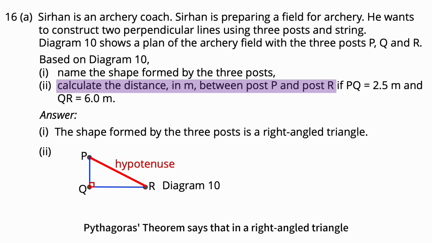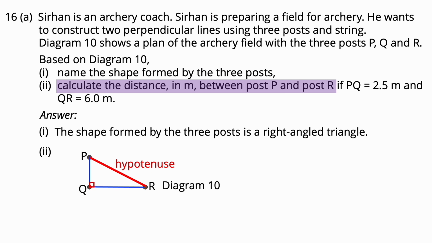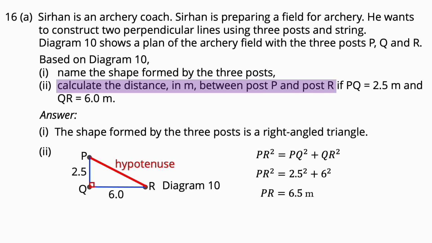Pythagoras' theorem says that in a right-angled triangle, PR squared equals PQ squared plus QR squared. Given PQ equals 2.5 meters and QR equals 6 meters. Substitute the values. PR squared equals 2.5 squared plus 6 squared. Therefore, the distance between post P and R is 6.5 meters.